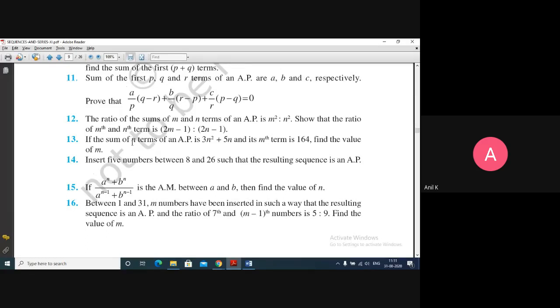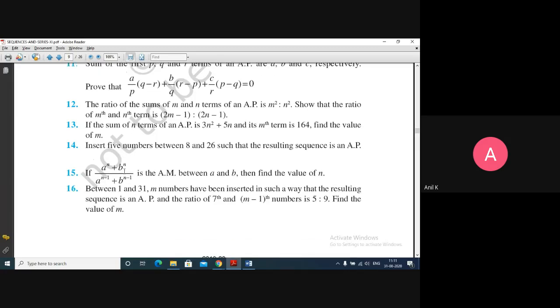Once you know A and D value, you have to apply the formula A plus m minus 1 into D equals 164. Substitute A value, D value, you get the m value. Okay, so you can solve the 13th question. I'm leaving you as homework only.